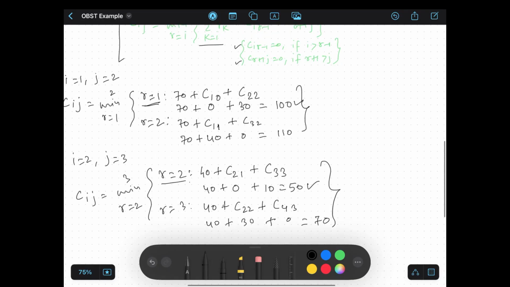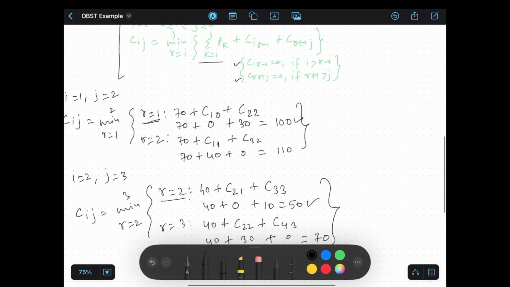Now what exactly are we doing here? What we are doing here is taking out all the different combinations for R, which can be between values i and j, as we saw in our previous session.